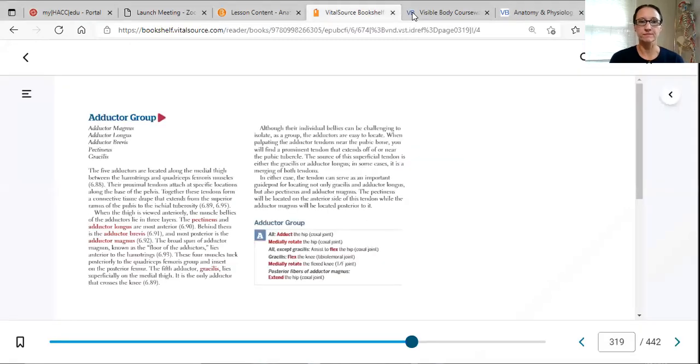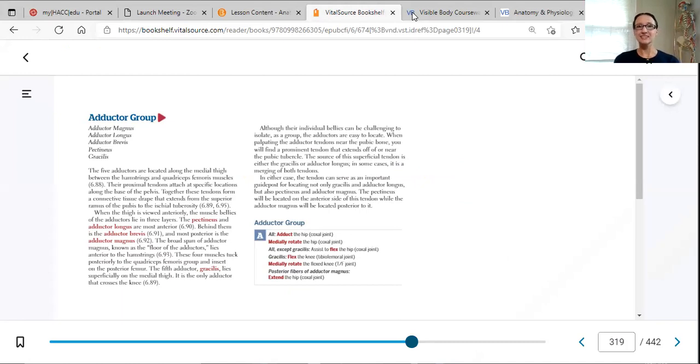There we are. Okay, so again, page 319 in your book, we have the 5 adductor muscles. The adductor group lies along the medial thigh and forms that big wad of muscle that runs the length of the inner thigh there, okay?